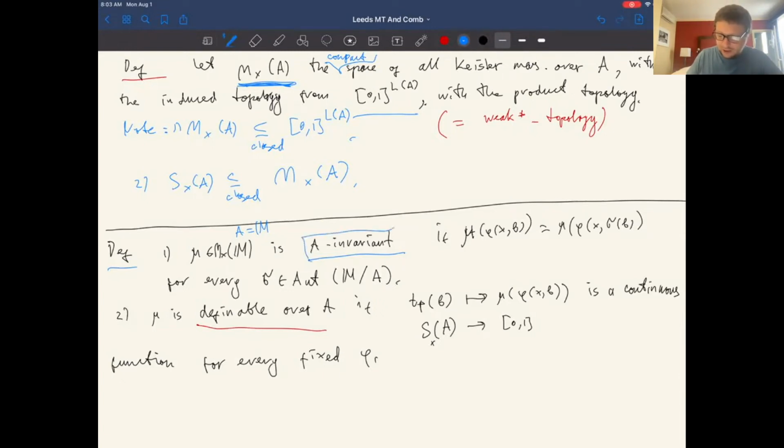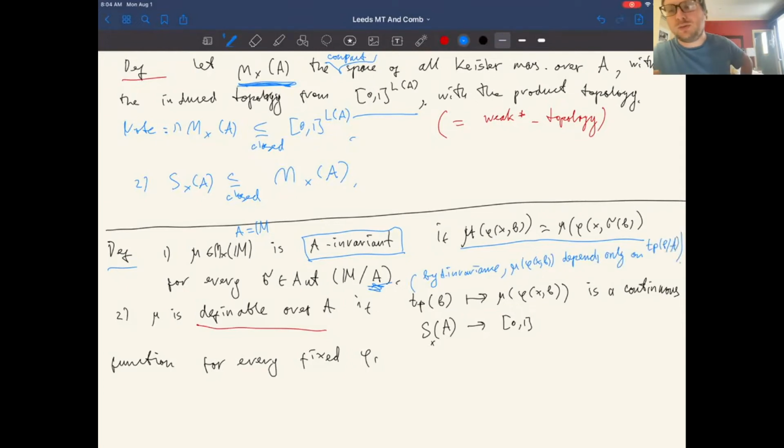Because if it is A-invariant, then like we said, the measure should only depend on the automorphism type of b over A. In a sufficiently homogeneous structure, this means that by A-invariance the measure of phi(x, b) only depends on the type of b over A, because any two tuples of the same type over A can be sent one to the other by an automorphism fixing A. So this assignment is from types to real numbers, and when it is continuous, we say that the measure is definable.